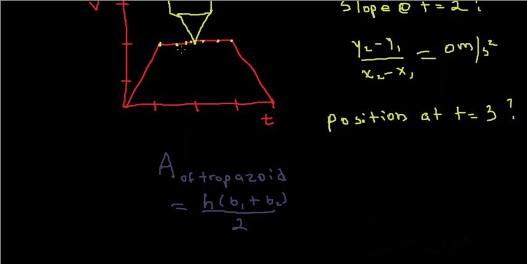But look at the question. It's not at 1, 2, 3, 4. It's not asking for position at time 4. It's asking for position at time 3. So we need to find the area at time 3. This is a weird shape, and we haven't really talked about this, and there's two ways of approaching this. We can either look at this as a trapezoid, right? Here's the first base, here's the second base, and we know the height.